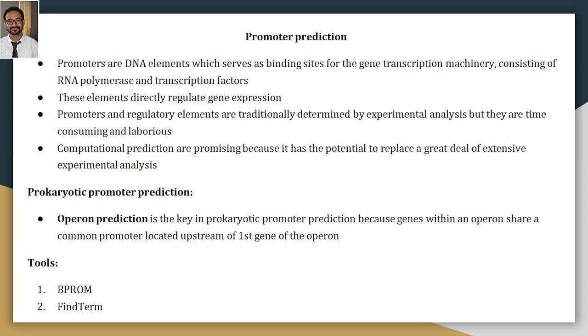Promoters and regulatory elements are traditionally determined by experimental analysis, but that is time consuming and laborious. That is the reason computational predictions are promising, because they have the potential to replace a great deal of extensive experimental analysis. All this we have studied as an introduction in the bioinformatics module also.